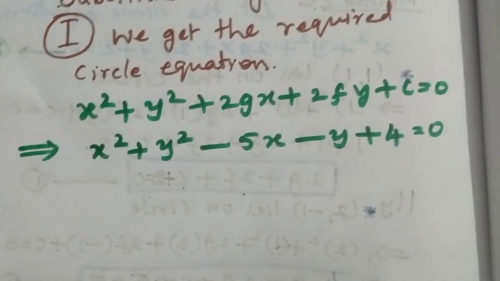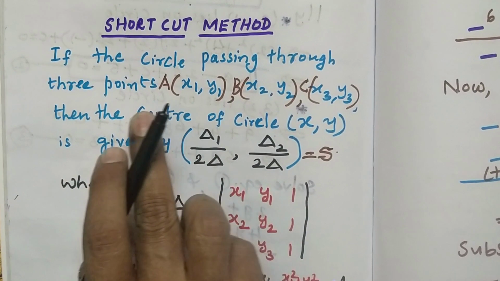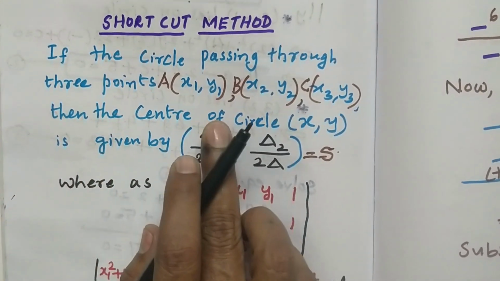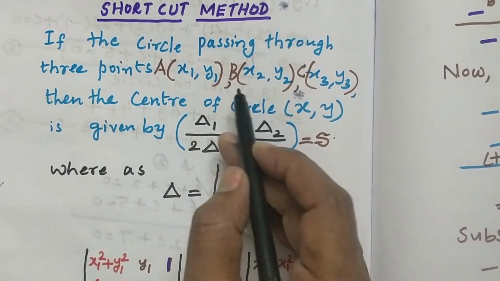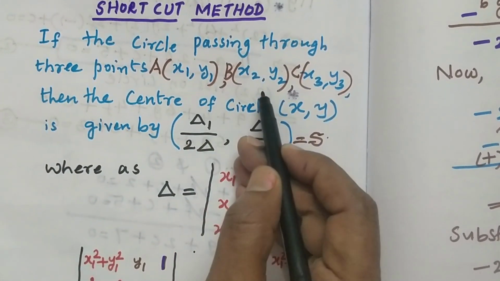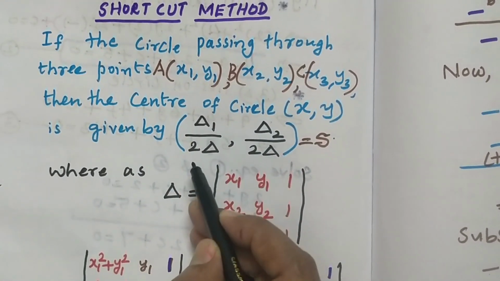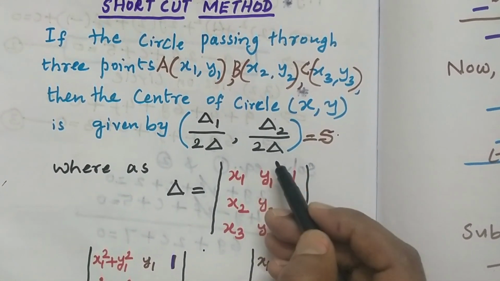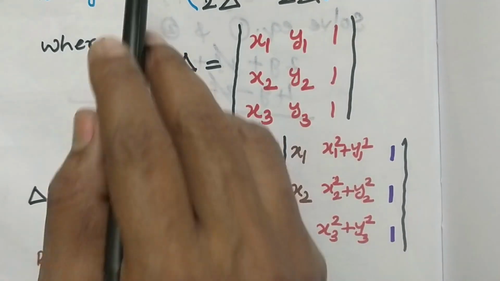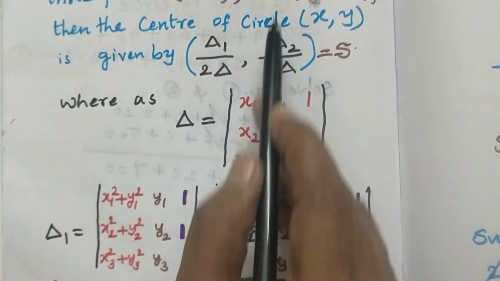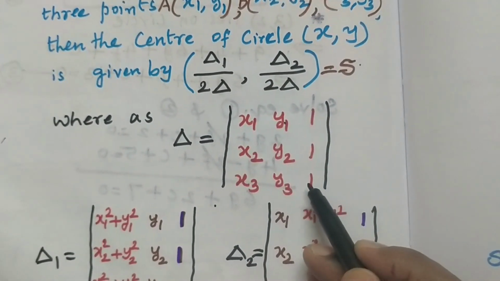Another shortcut method for the above problem. First of all, you find the center of the circle. When the circle passes through A, B, C, (x1, y1), (x2, y2), (x3, y3), the center gives us delta 1 by 2 delta, delta 2 by 2 delta, that is circumcenter S. Whereas delta is equal to the determinant with rows x1, y1, 1; x2, y2, 1; x3, y3, 1. Find the determinant, that gives us the delta.